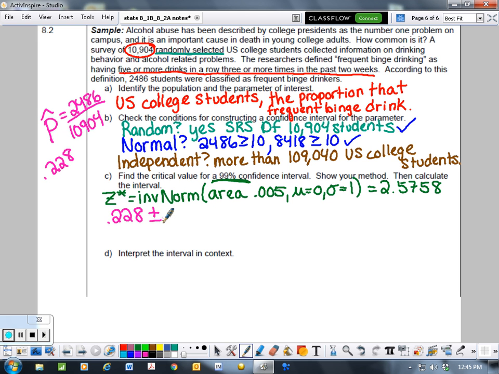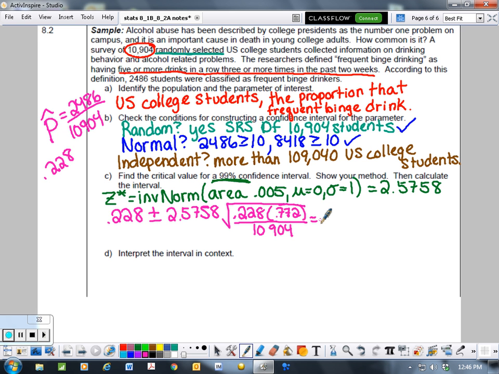I'm going to add and subtract my critical z-value, 2.5758, and then I'm going to times by the standard deviation. So 0.228, and then 1 minus 0.228, 0.772, all over my sample size, 10,904.